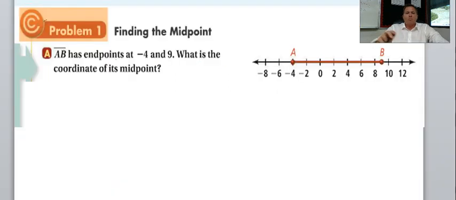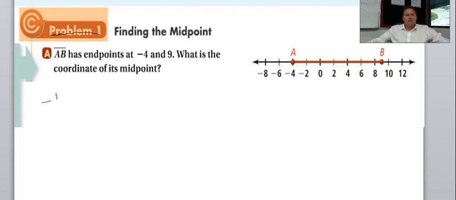Alright, problem number 1 that we're going to write down. Make sure that you have problem number 1 written down. It is finding the midpoint. It says that AB ends at -4 and 9. What is the midpoint? We don't even need this little diagram over here in order to find it out. But remember, we take the average of the 2 points.